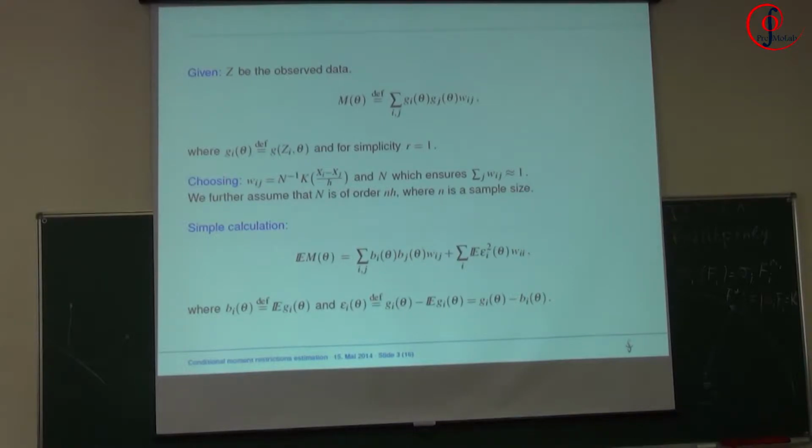As you know, usually the elements are chosen based on data. And if you are familiar with generalized method of moments, you know that the optimal matrix, which gives efficiency to this estimator, really depends on the real measure.